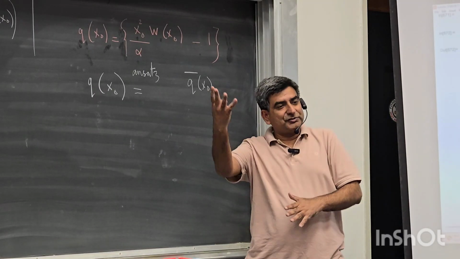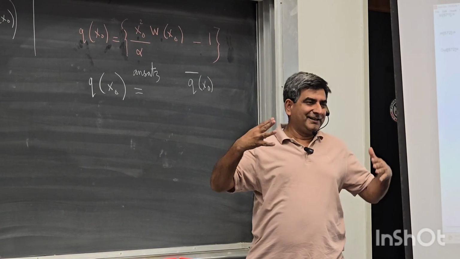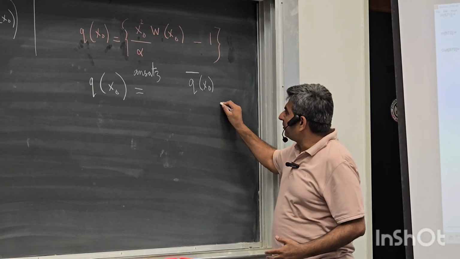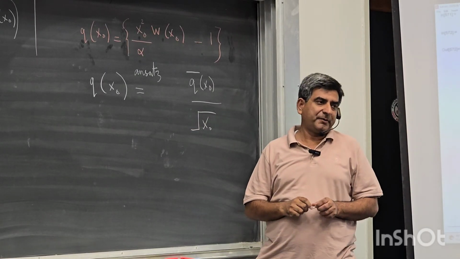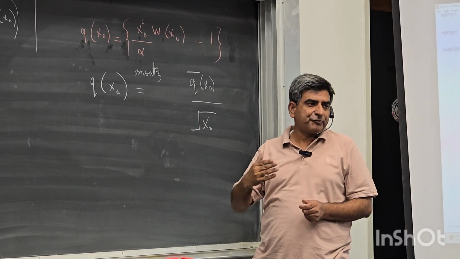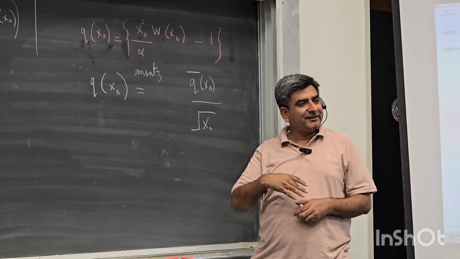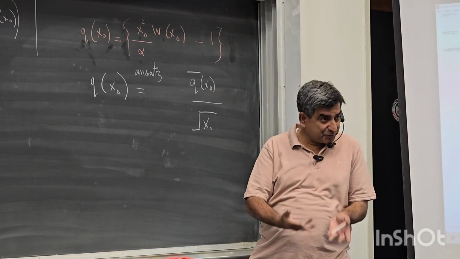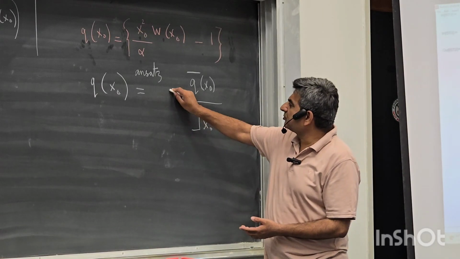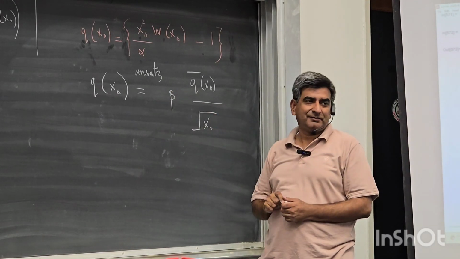As the field goes up, as x naught goes up, this drops. So I put the square root of x naught in the denominator. The square root turns out to be a better fit than the mere reciprocal. You can try both and see which one is a better fit. And of course, there has to be some constant beta as well.